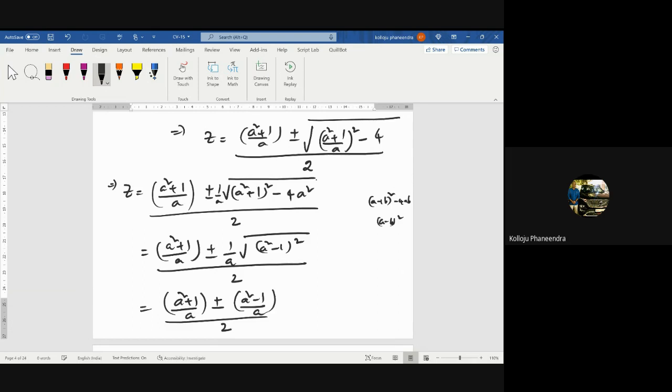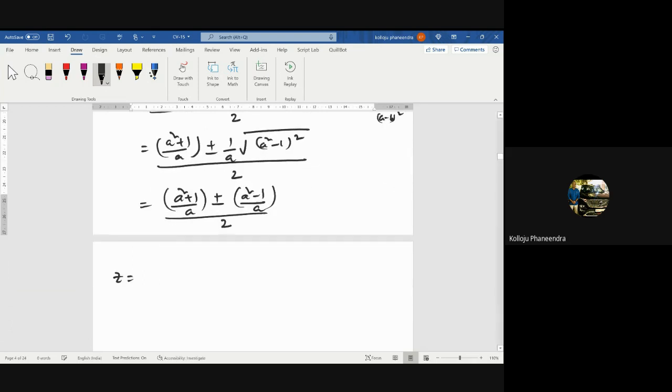whole by 2. So what are the roots now? A square plus 1 by a plus a square minus 1 by a, by 2, is one root, and the other one, a square plus 1 by a minus a square minus 1 by a, is another root.